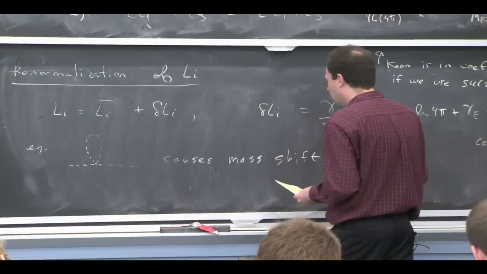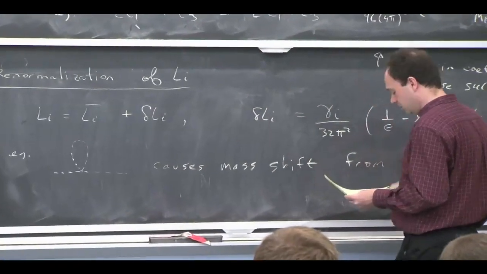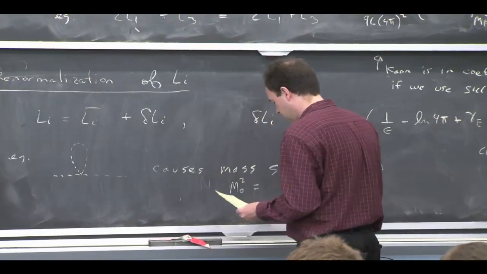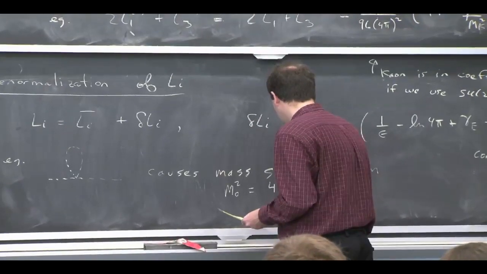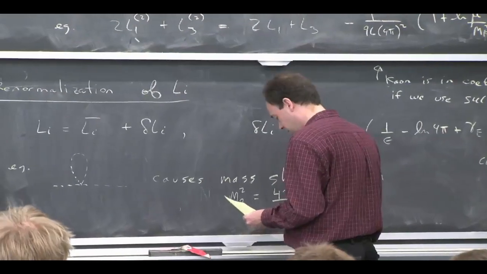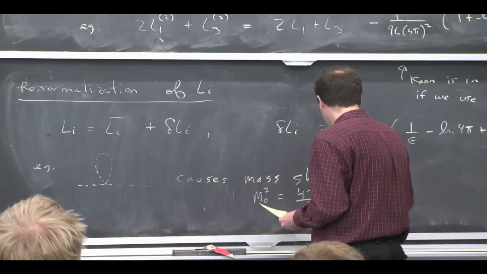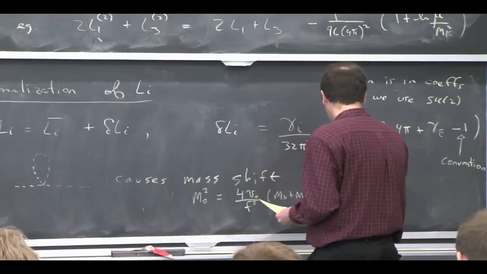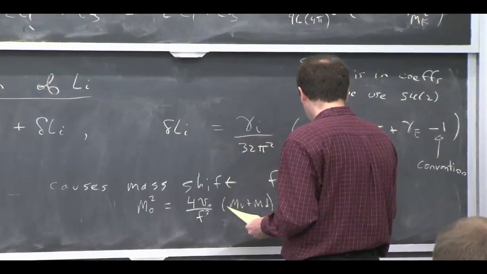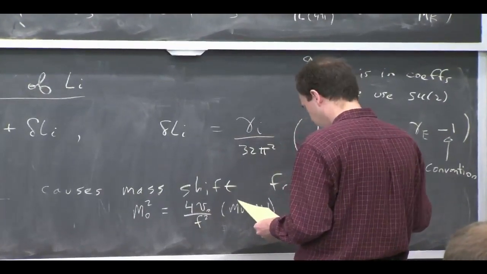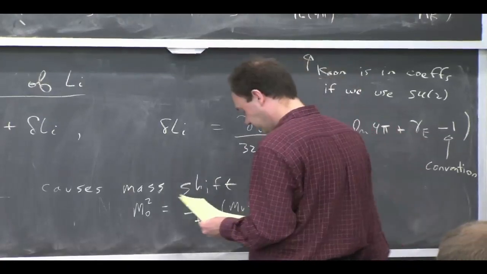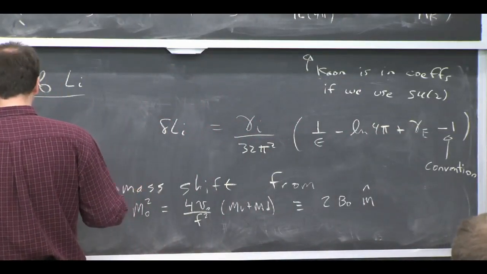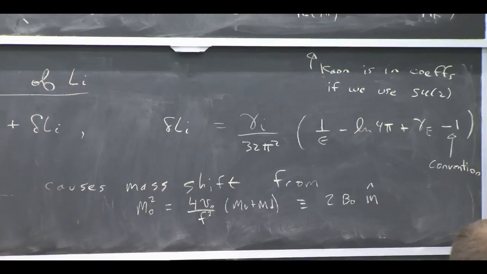So if you think about our lowest order relation as where we started, let me write that as m0 squared is 4 v0 over f squared, mu plus md. Sometimes people call this, well, making up more notation, which I'll use in a minute.